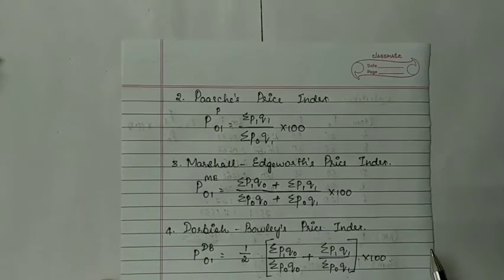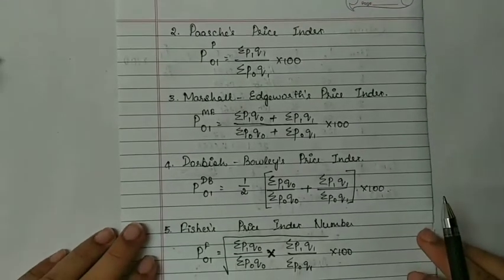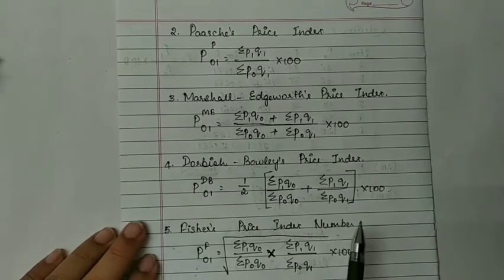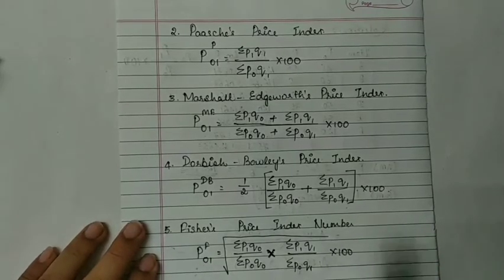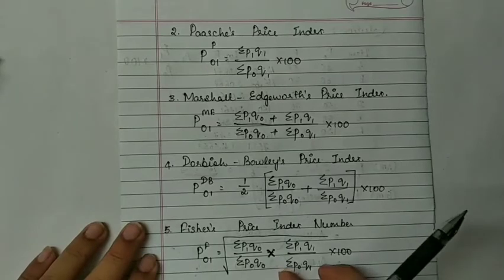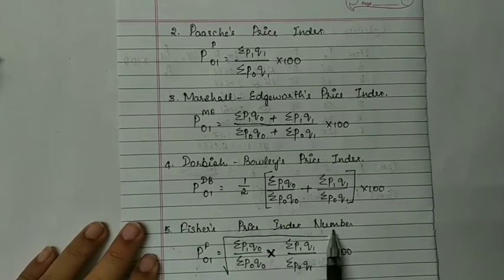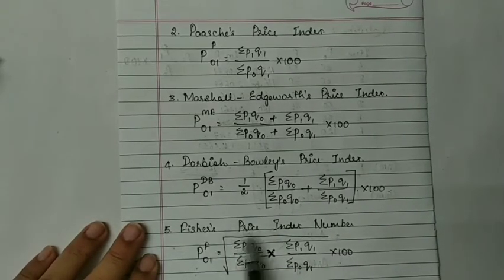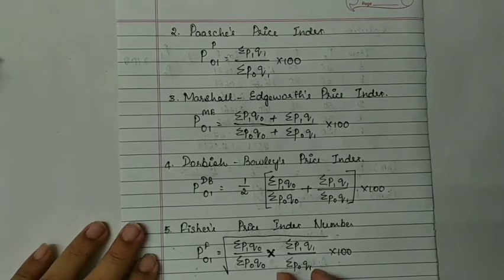And the next one is Fisher's price index number. Here again, the items are the same. The only thing is, we are taking its square root. Fisher's price index number P01 is equal to, this is Laspeyres and this is Paasche's, and its square root.